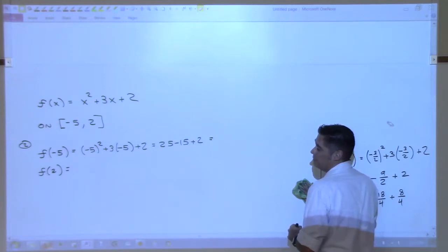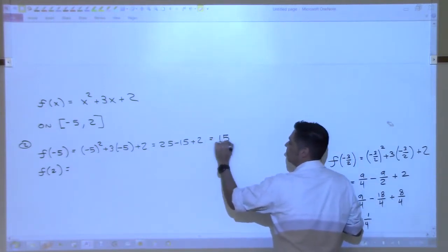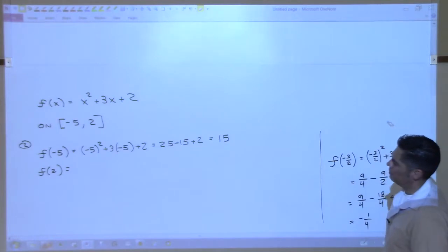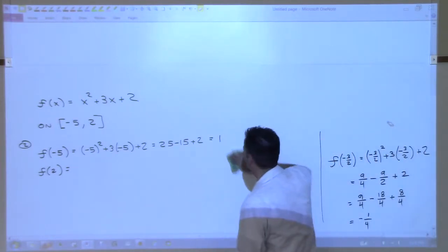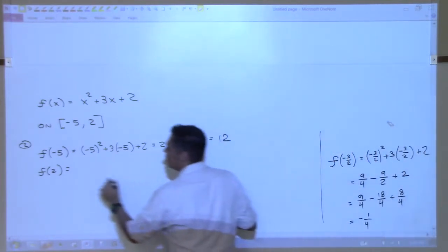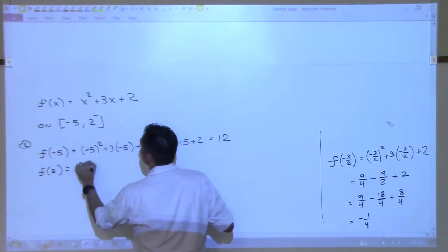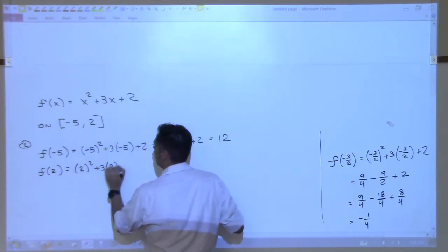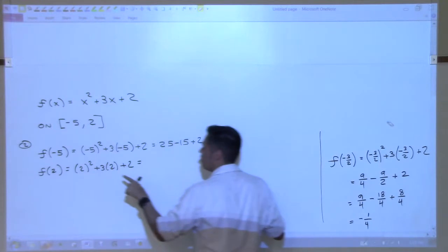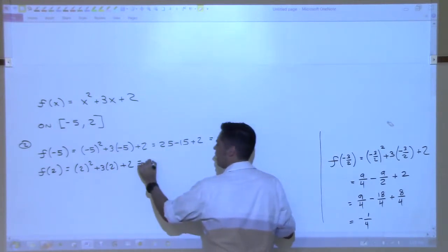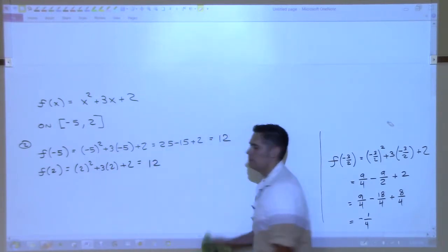Is that right? No, wait. 12, right? Okay, 12. And then here, 2 squared plus 3 times 2 plus 2, which is 4, 6, 10, 12. 12 again? Interesting.